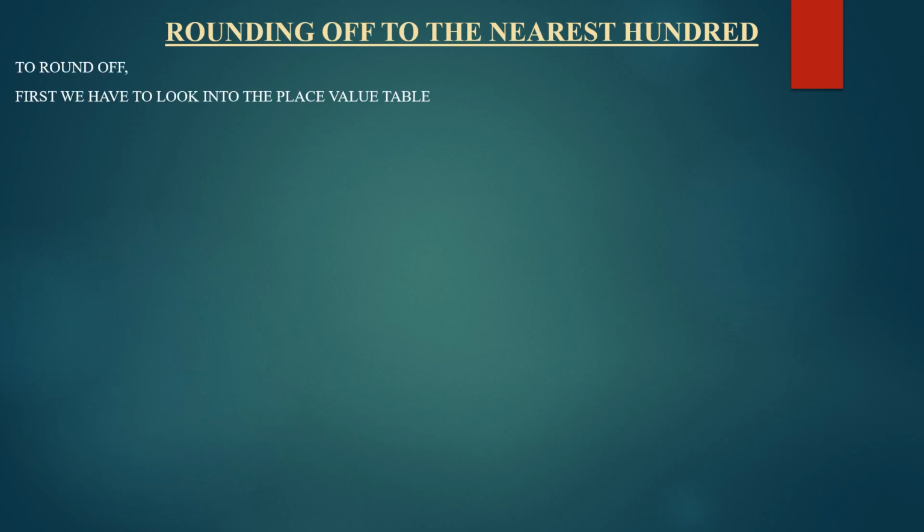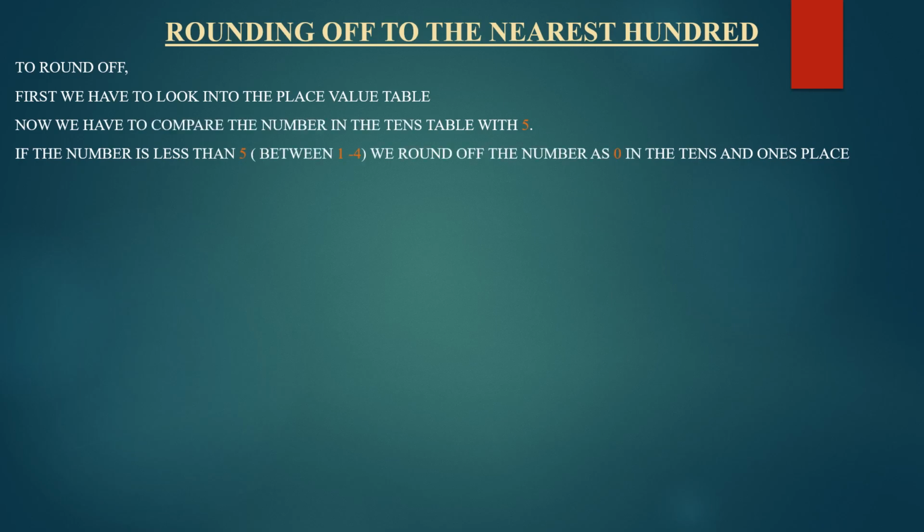The same thing, we have to first look into the place value table, and then we have to compare the number that is in the tens column. This is the difference. Earlier, in the case of rounding to tens, we had to compare the number in the ones column, but when it comes to 100 we have to compare the number in the tens column with 5. And if the number is less than 5, the same case, we round off the number as 0 in the tens column, and additionally we have to make the ones place 0 also.